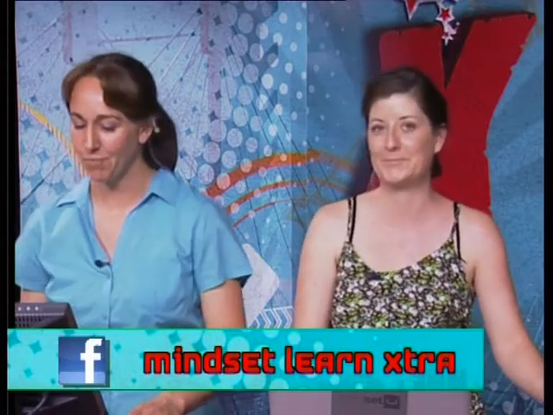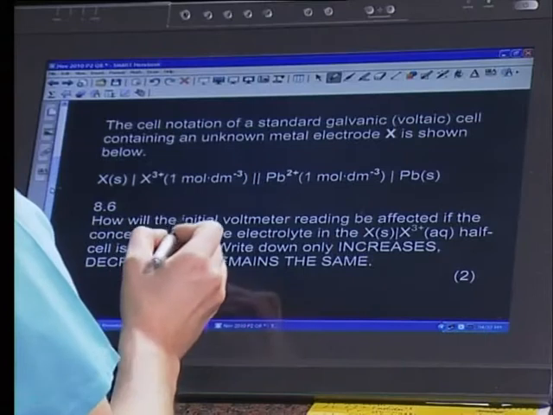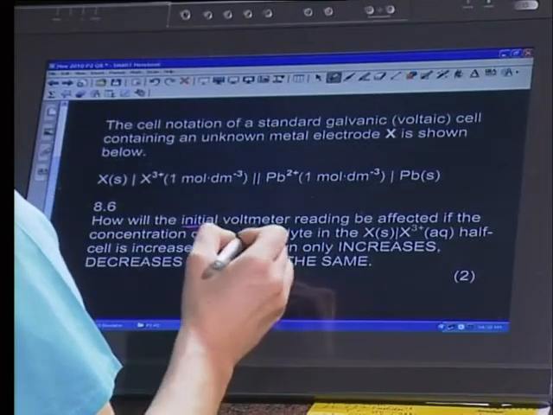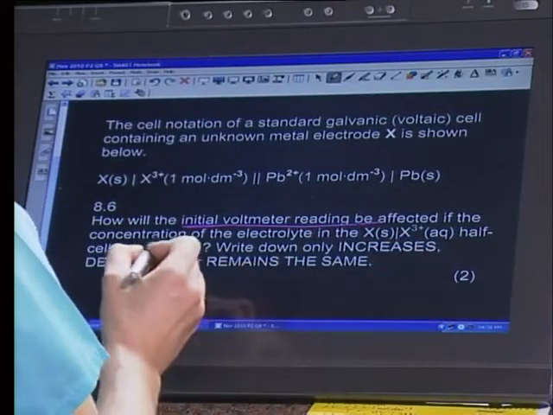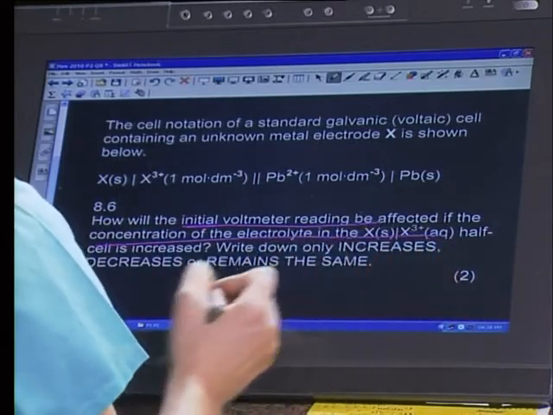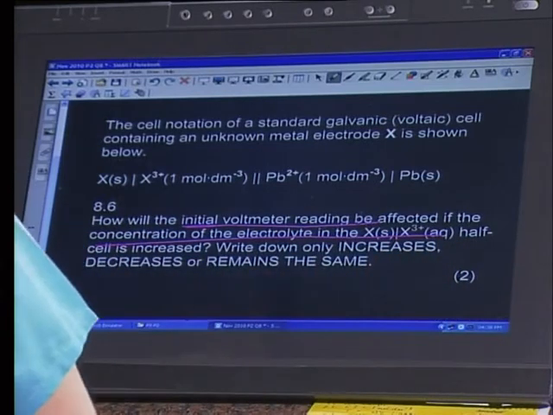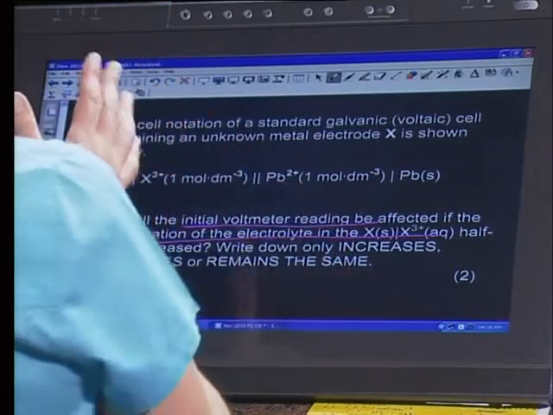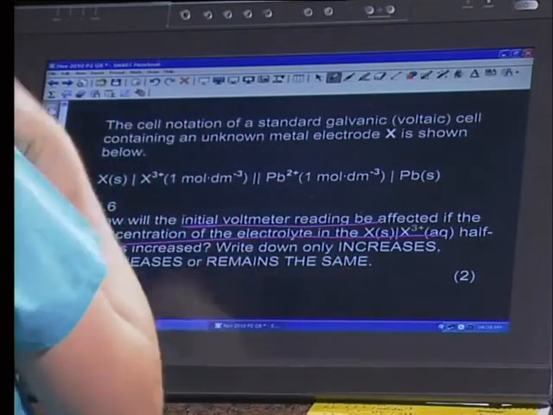Absolutely. Okay. So 8.6, to answer that question: how will the initial voltmeter reading be affected if the concentration of your electrolyte is increased? Now remember, if your electrolyte, which in this case was the aluminium, undergoes oxidation, it produces electrons. The electrons are released, so they go into the solution.